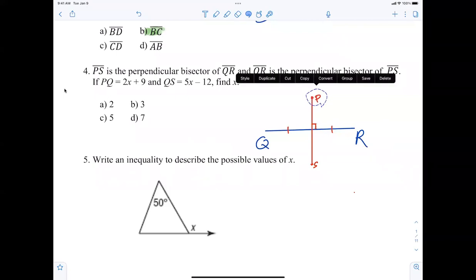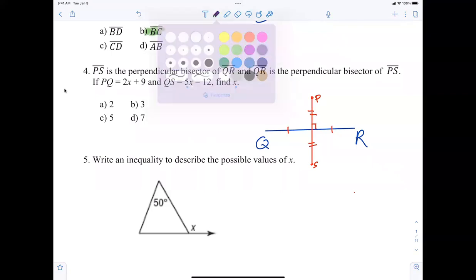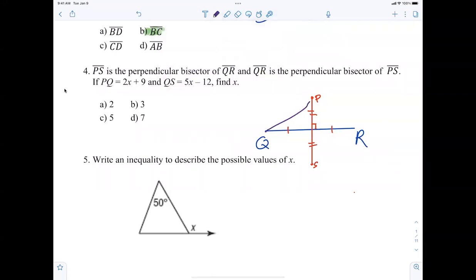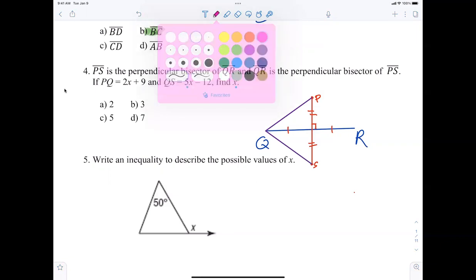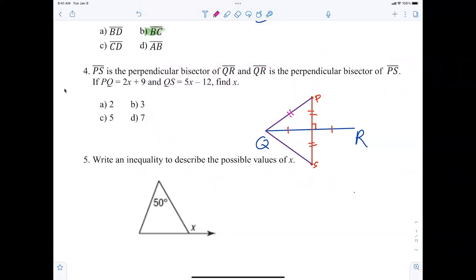They're perpendicular bisectors of each other, which now means that this is equal to this. All right, now it makes more sense. What's true about PQ if I were to draw PQ? And if I were to draw QS, what's true? They are congruent. Thank you. Since I messed that up, does anybody need any explanation on that? Everybody's good?